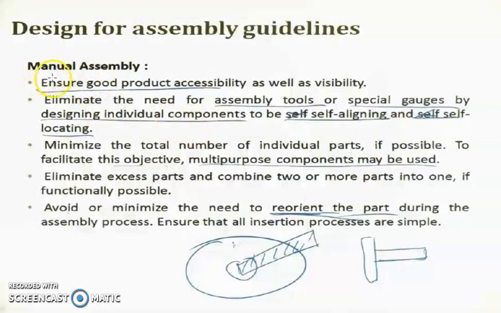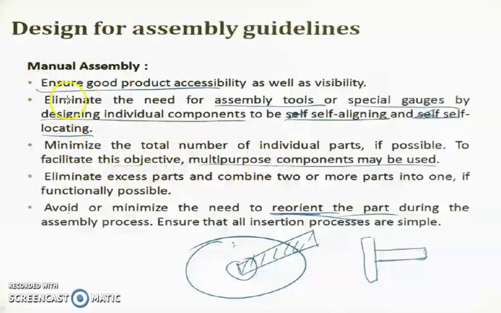Basically in manual assembly, it ensures good product accessibility as well as visibility. It eliminates the need for assembly tools. Basically the cost reduction will be there. It minimizes the total number of individual parts if possible. To facilitate this objective, multi-purpose components may be used. Means a component which can do two or more purposes will be satisfied by a single component.